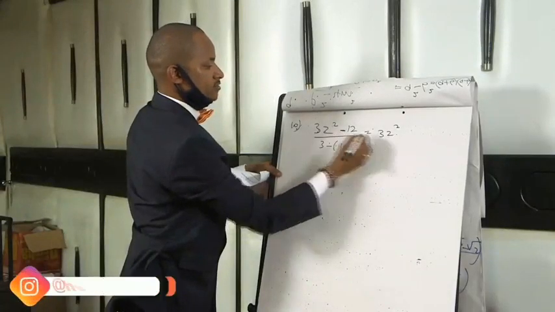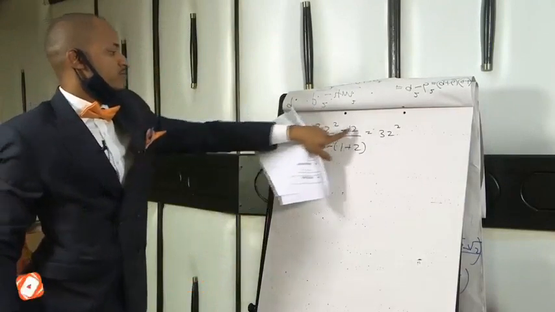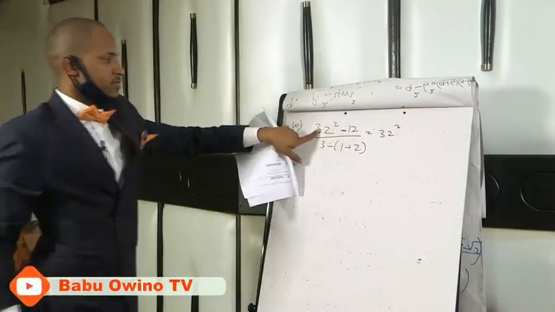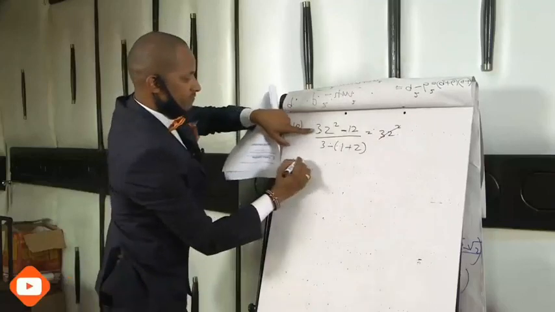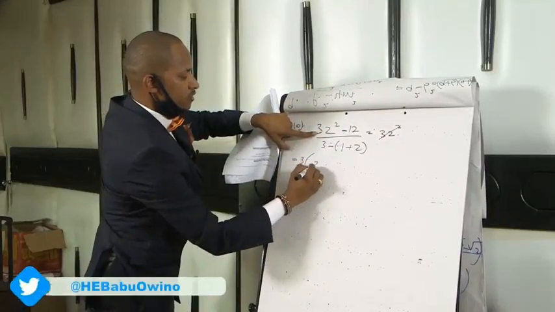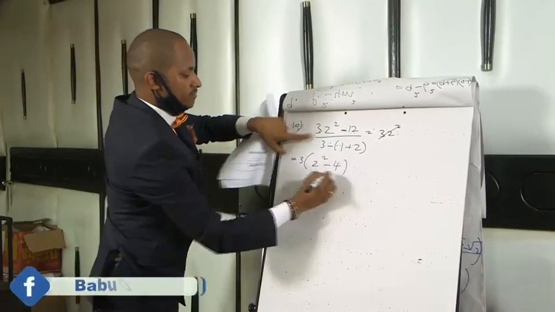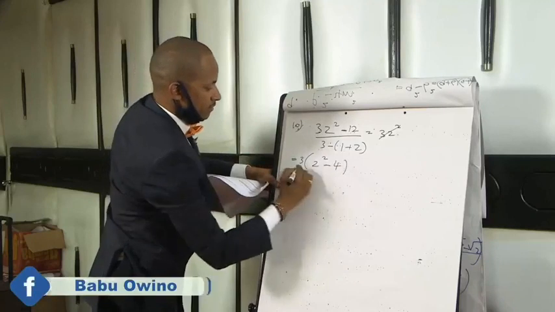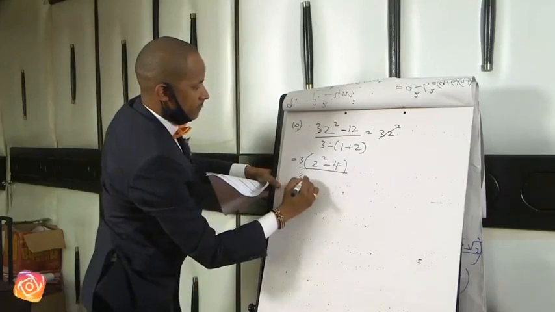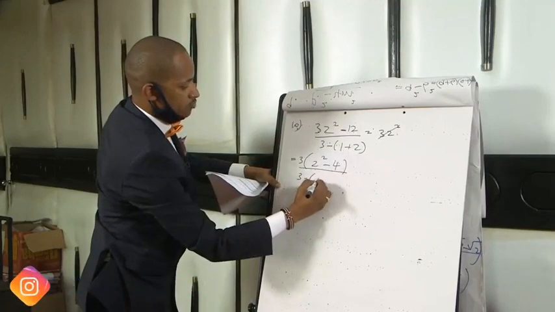minus 12. What is common between 3 and 12 is 3. So you can simplify this by saying 3 into z squared minus, 3 goes into 12 4 times. Divide by 3 minus 1 plus z.